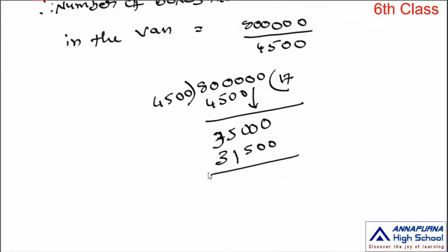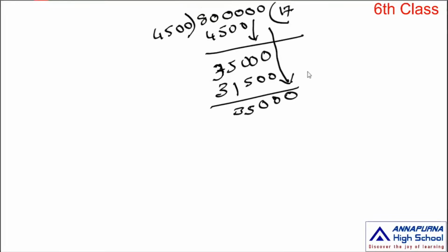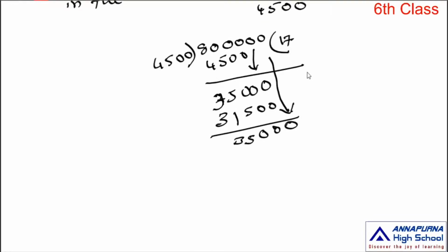When we subtract 31,500 from 35,000, 10 minus 5, 5, 4 minus 1, 3, 35. Next bring down the 0, 35,000. Same, 4,500 into 7, 31,500.